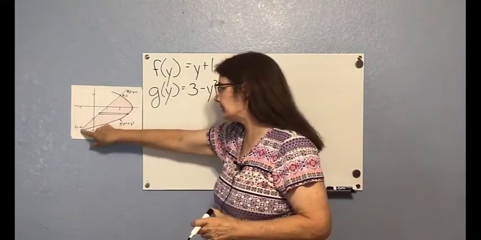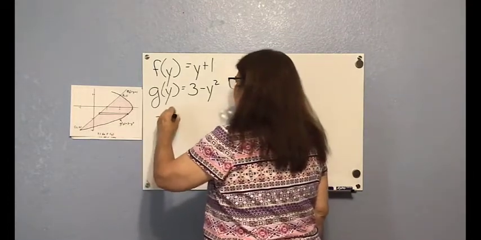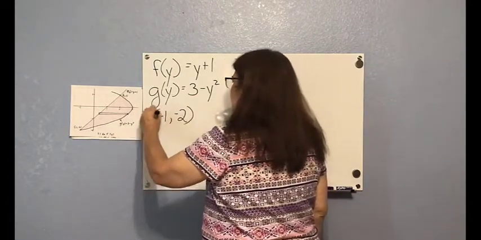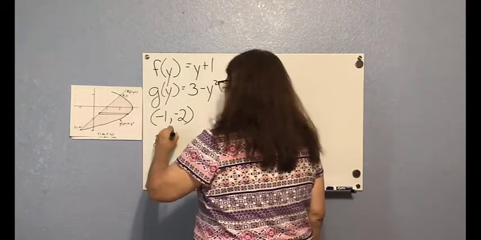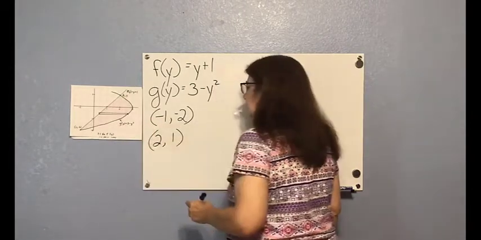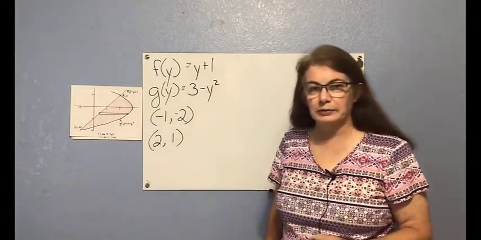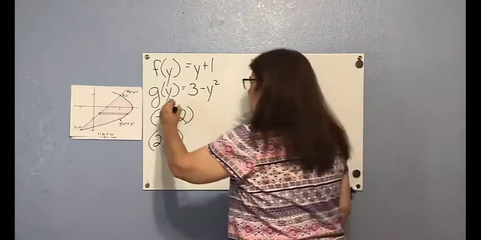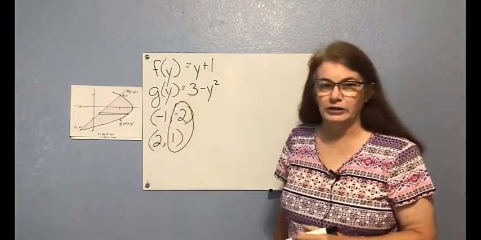From my graph, I can see that this point is at -1, -2, and this point is at 2, 1. Because we are integrating with respect to y instead of with respect to x, we'll be using these y coordinates as our limits of integration.